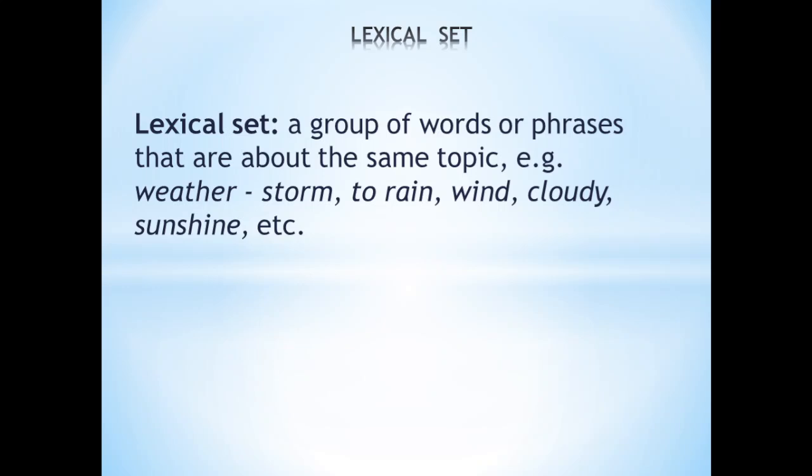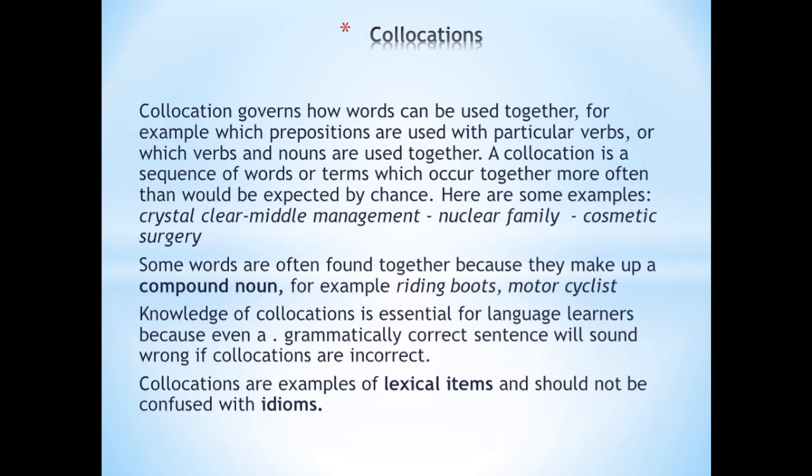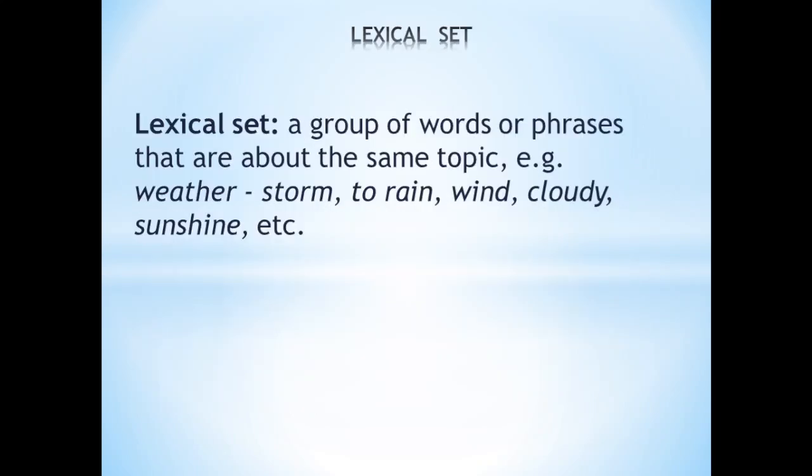So the words may be pen, pencil, bag, teacher's desk, chair, and so on. So in a lexical set, a group of words or phrases stays under one same topic.